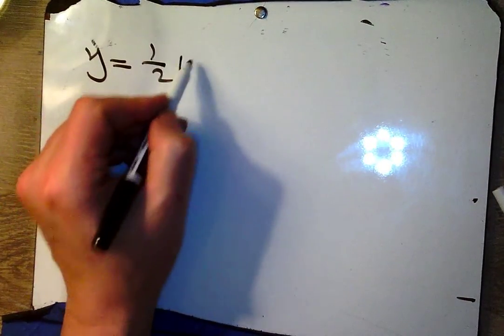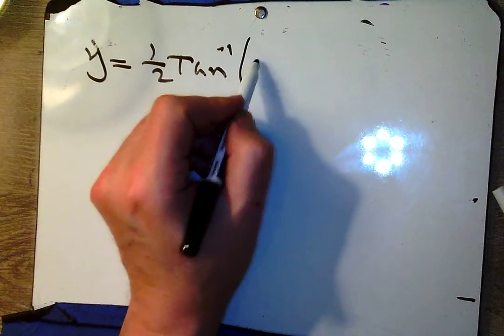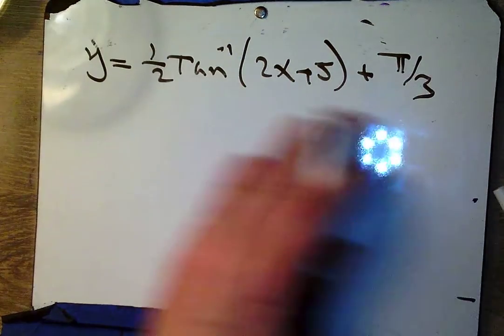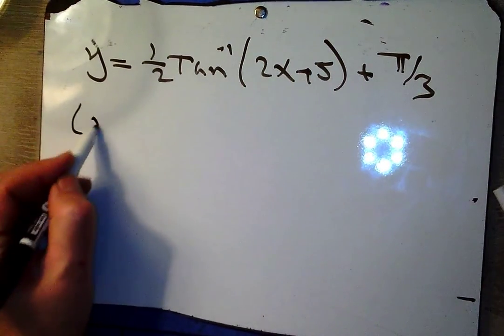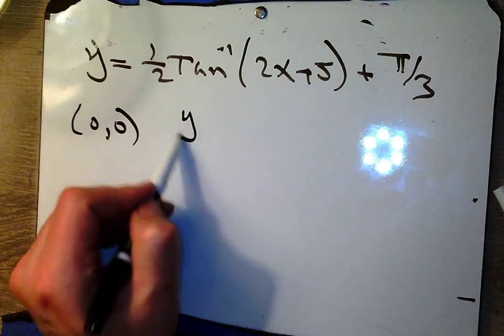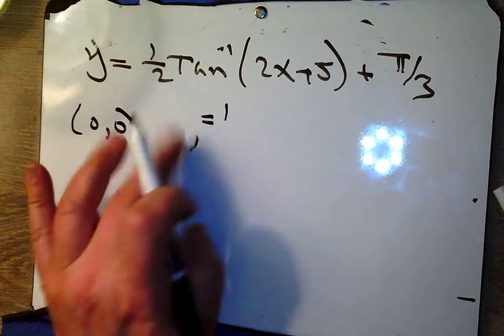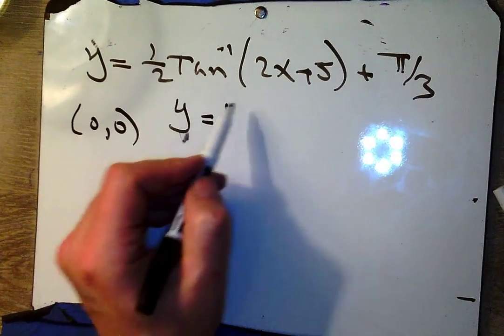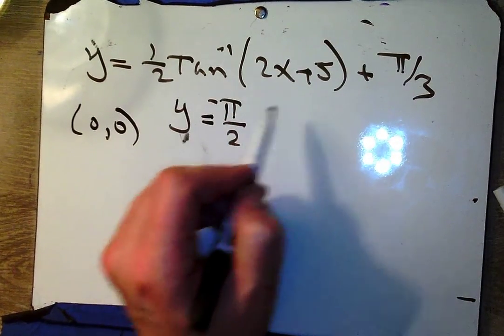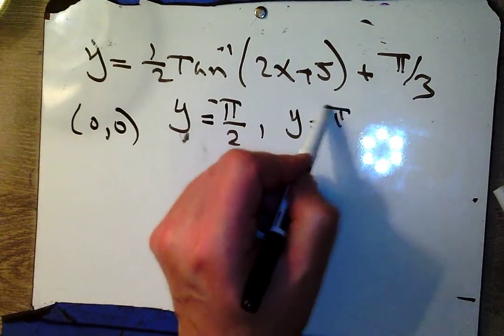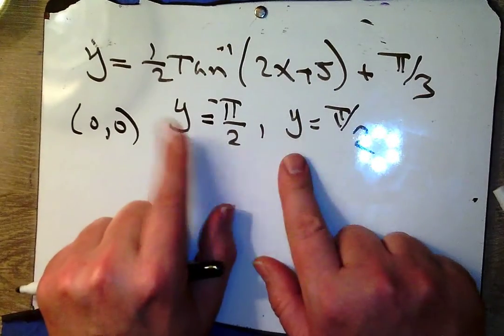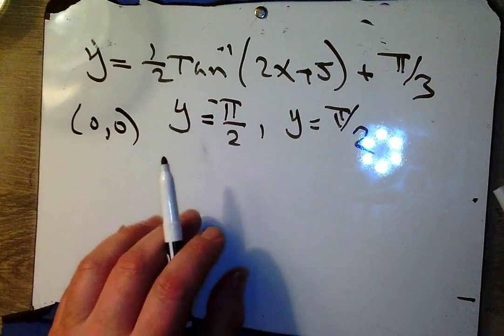Now, once you're done making that note, will you please graph this one? You know there's only one reference point on inverse tangent, but you also know that y equals negative pi over 2 and y equals pi over 2 are things that need y transformations applied to them.